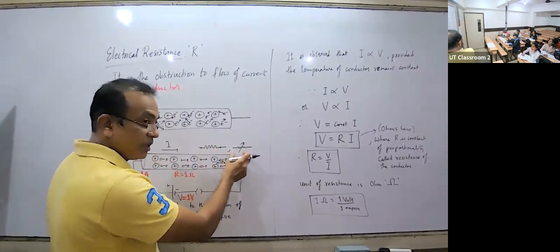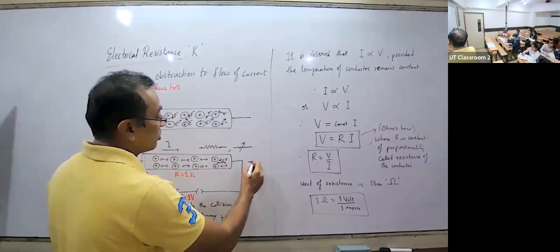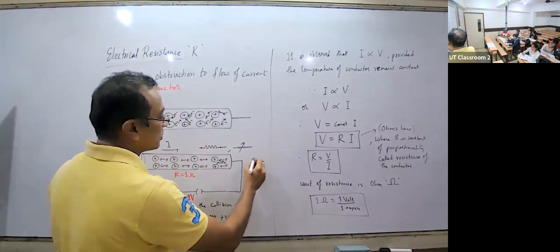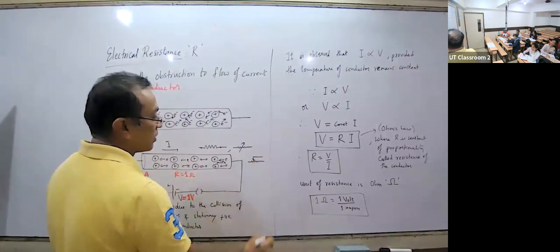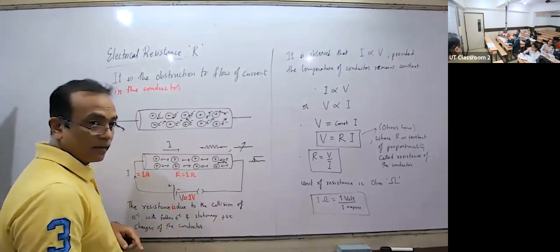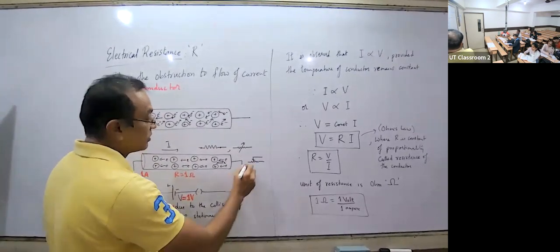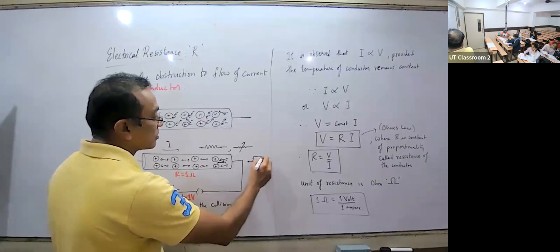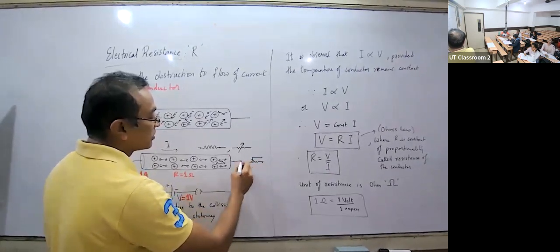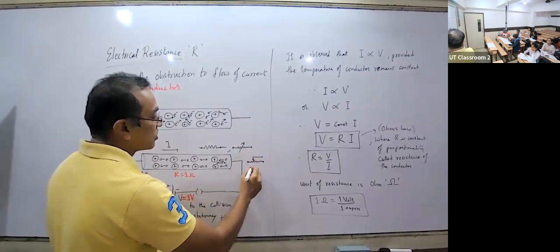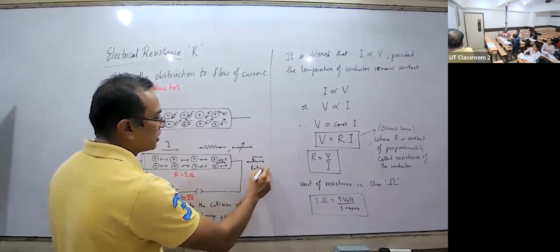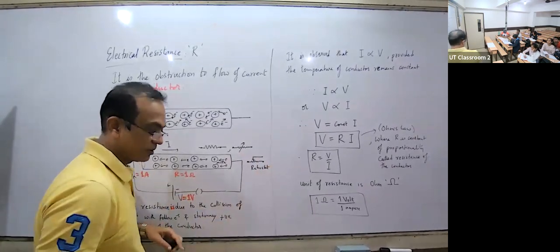This is a variable resistance. And what about this? This is a rheostat. Okay. So there are 3 terminals in a rheostat. ये सब बता चुका हूँ ना पहले.